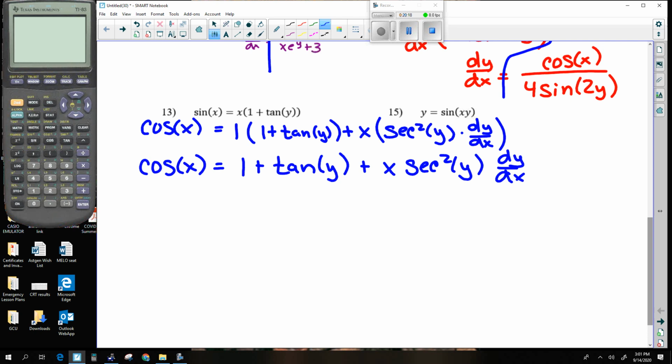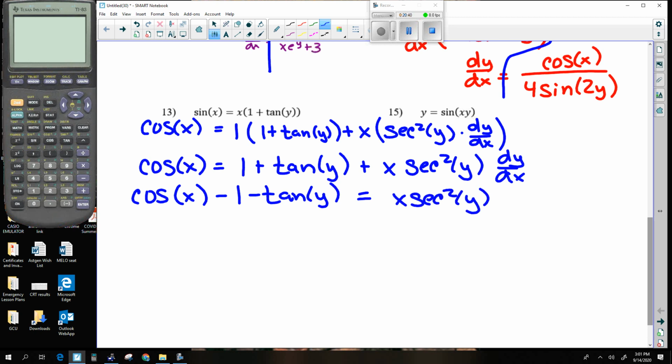So keep the dy dx, move everything else. So that'd be a cosine minus 1 minus tangent. All right, so that saved it, and then everything else would be over there. And so that is an x secant squared y.